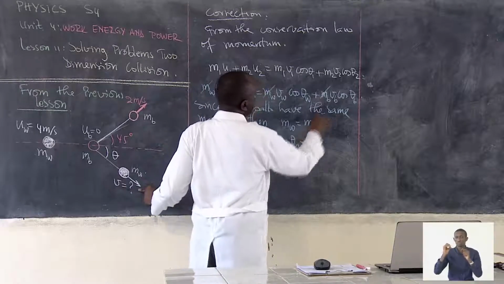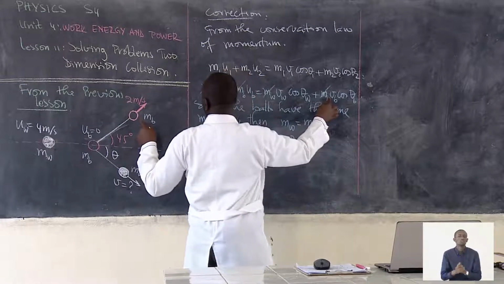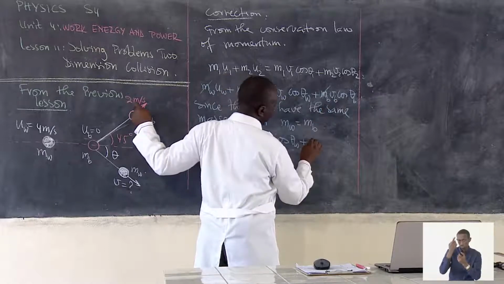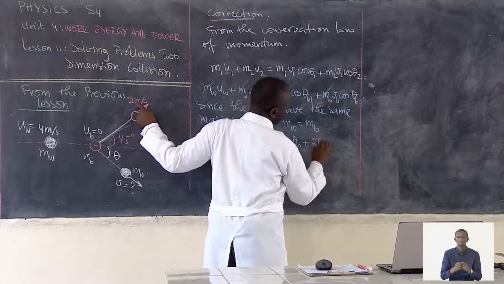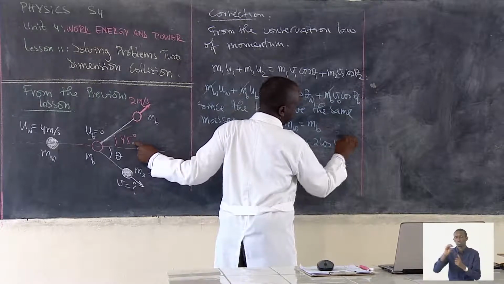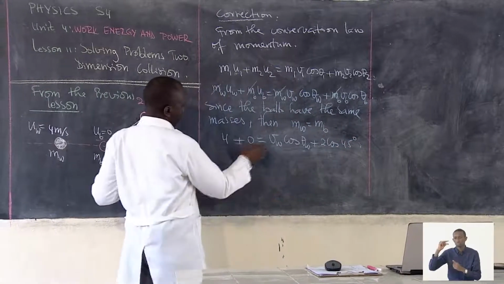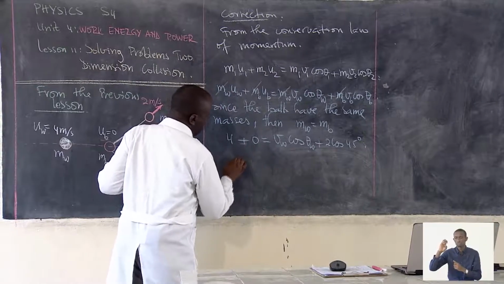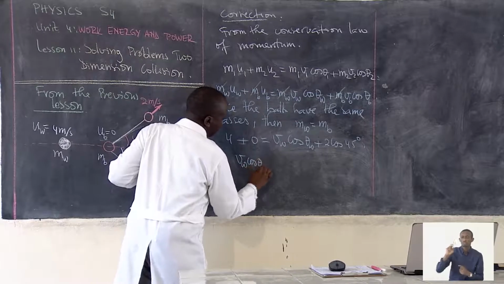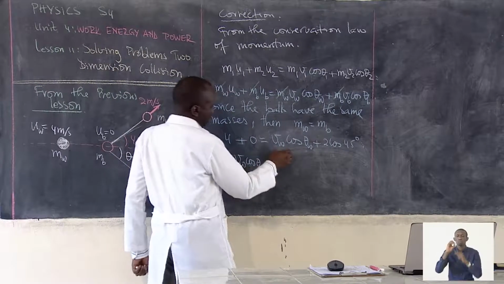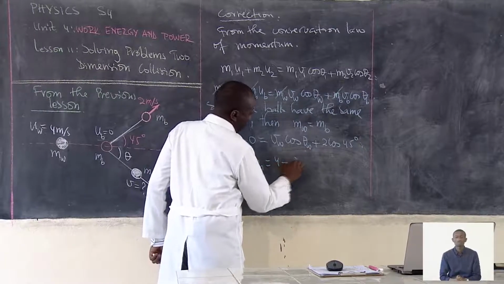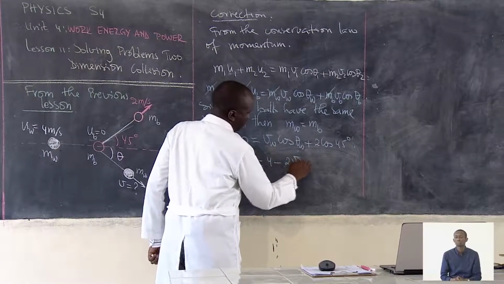Then plus the one of the black. Here V of that one is equal to 2 cosine 45, here we have 45 degrees. And when we solve, we find V of the white cosine theta white equals 4 minus 2 square root 2 over 2.